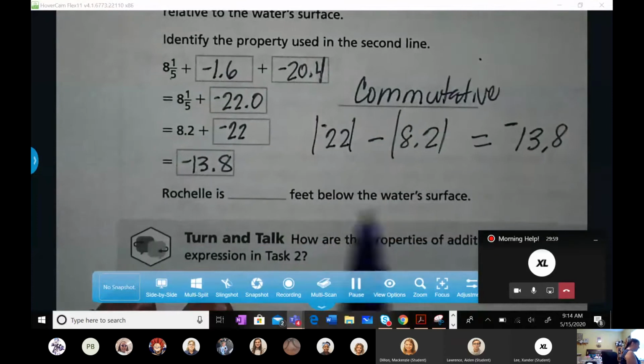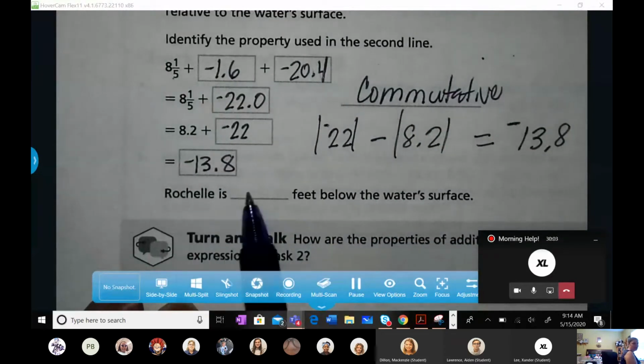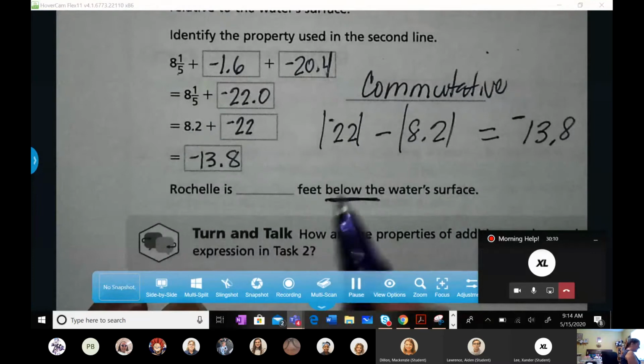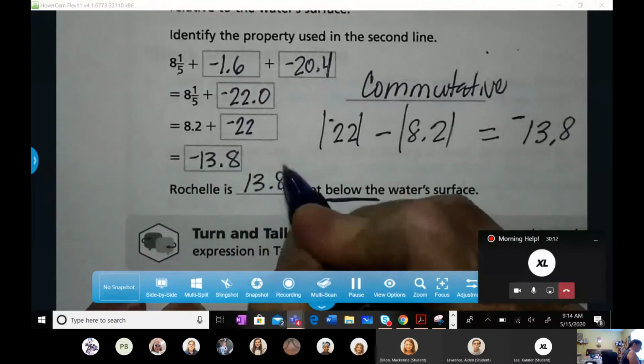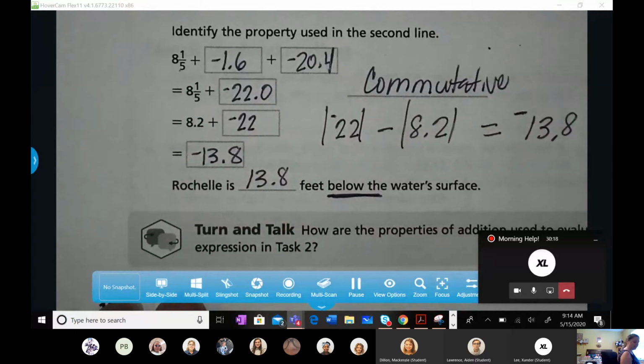All right, now you have to look at the questions that they're asking you. It says Rochelle is blank feet below the water surface. Since they already used the word below, I don't need to put my negative. So Rochelle is 13 and 8/10 feet below the surface.